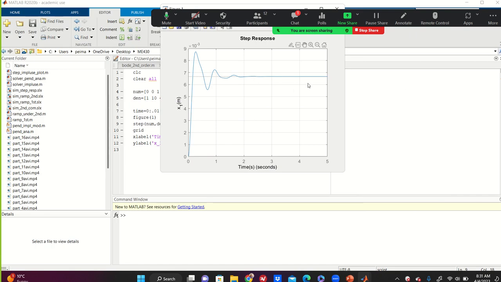Now you tell me, your system is underdamped. And I taught you, what do you expect to see as the poles of this system? What kind of poles do you expect to see for the underdamped system?